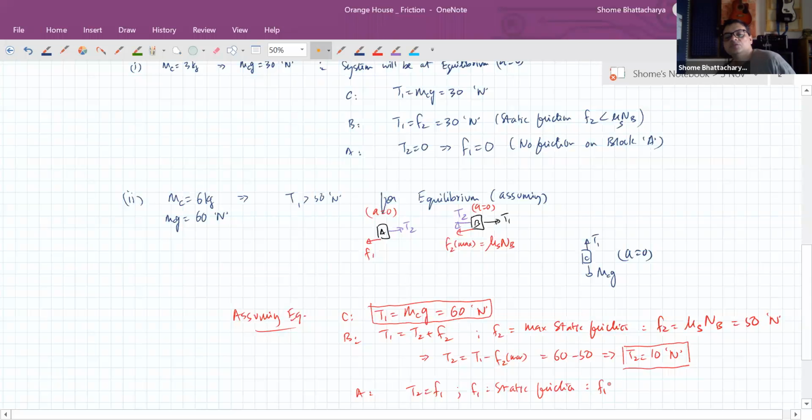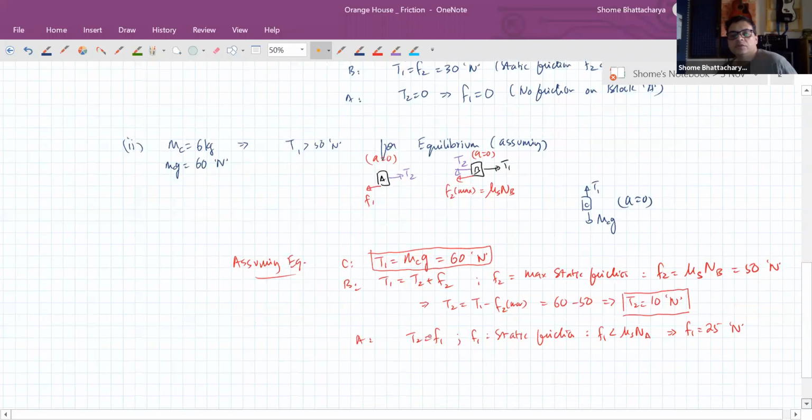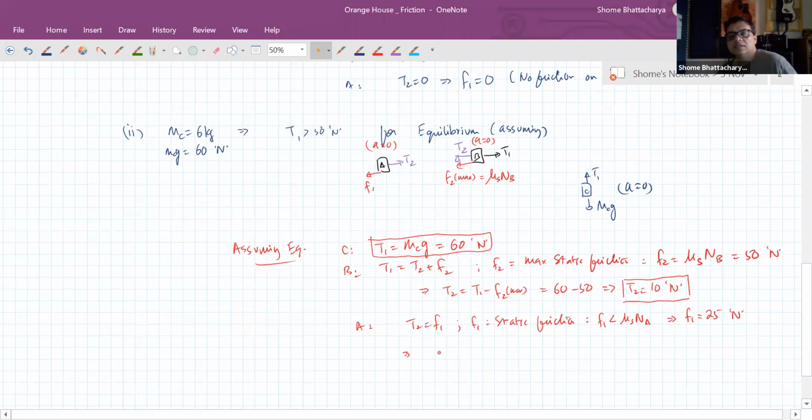So F1 should be less than mu s into N, or F1 should be less than 25 newtons, because the normal reaction on block A was 50 newtons, okay, that we've seen earlier, but this condition tells us that F1 needs to be T2, which needs to be 10 newtons. So this condition is fine.